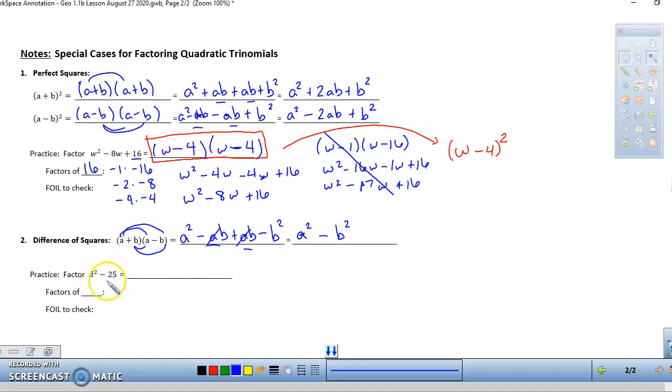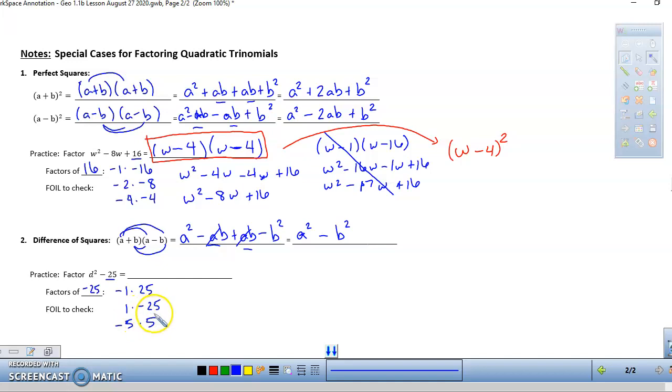Okay, so we get down here, and you're just going to start out the same way that we've been doing it this whole time. So -25, we're going to find factors of -25. So -1 times 25, 1 times a -25, 2 doesn't go, 3 doesn't go, 4 doesn't go, 5 does. So -5 times a +5.